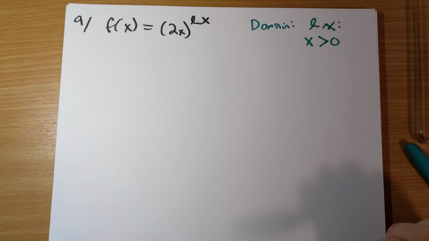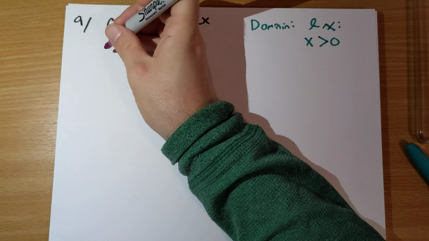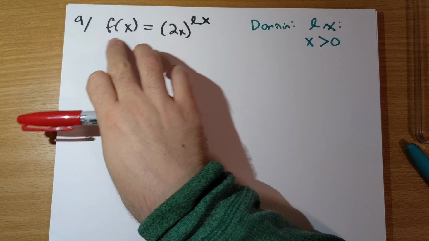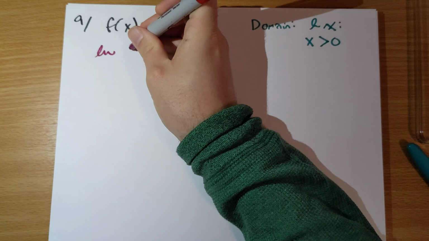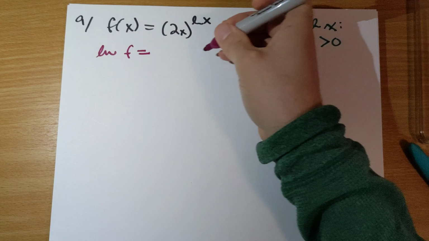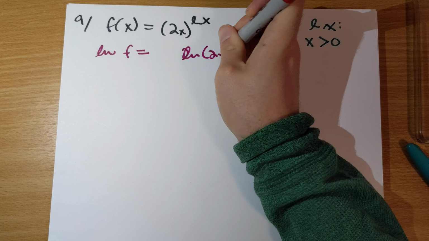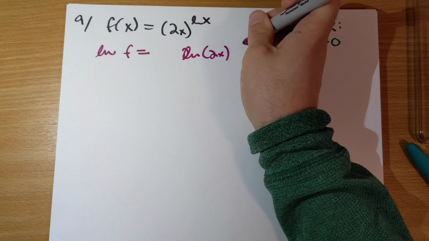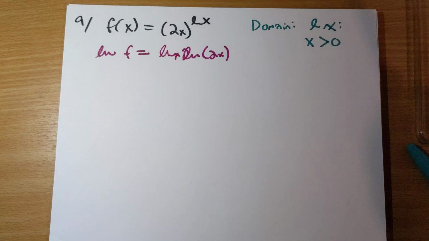That's probably going to be something we can do by logarithmic differentiation. So right now, this is what we have. The natural log of f is equal to the natural log of 2x raised to the natural log of x power, but that natural log of x power comes down in front.